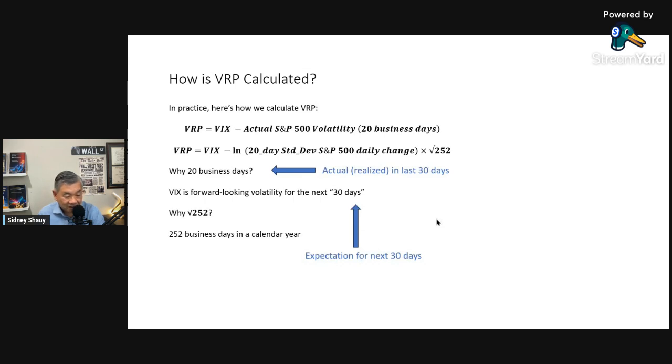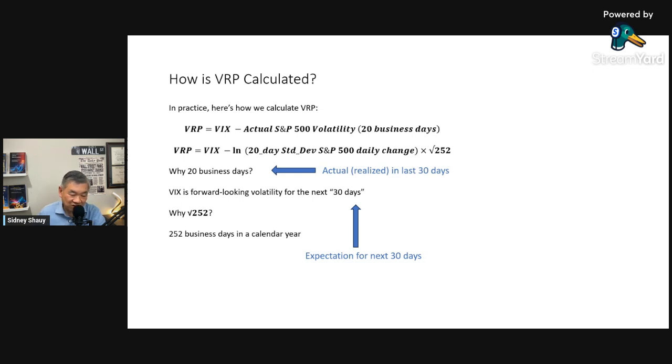Okay. So why the square root of 252? Where did the 252 come from? 252 is the number of business days in a calendar year. Remember, the VIX measures the implied volatility of the S&P 500 for the next 30 days. However, it's expressed in annual terms.